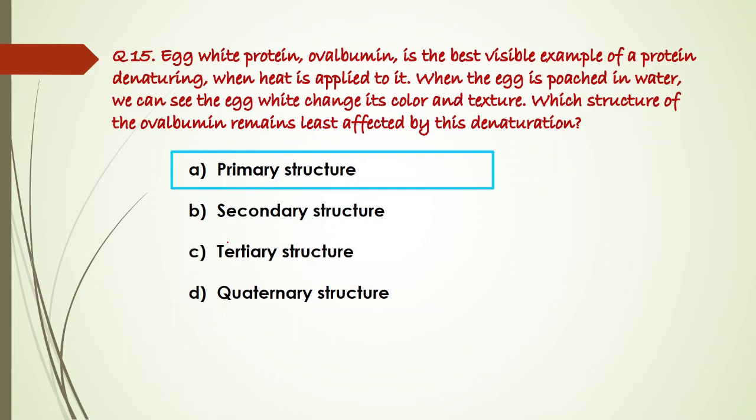Primary structure means your peptide bonds, the bonds between the amino acid sequences. You can break the other bonds that are responsible for protein stable structure, basically hydrogen bonds, electrostatic bonds, van der Waals forces and everything. You can break them at extreme conditions, but that is not enough to break the peptide bonds. As primary structure means the peptide bonds, they are the least affected ones during the whole denaturation process.